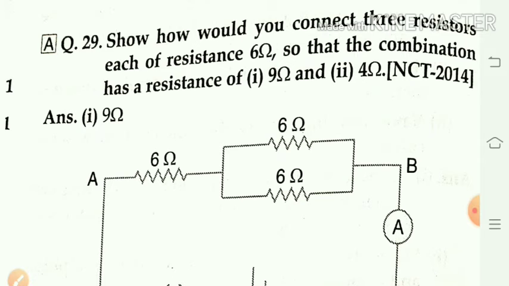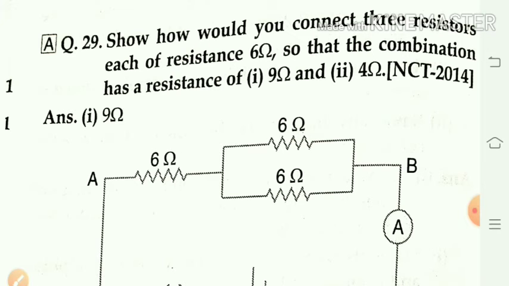Show how you would connect 3 resistors, each of resistance 6 ohm, so that the combination has a resistance of 1, 9 ohm and second, 4 ohm.